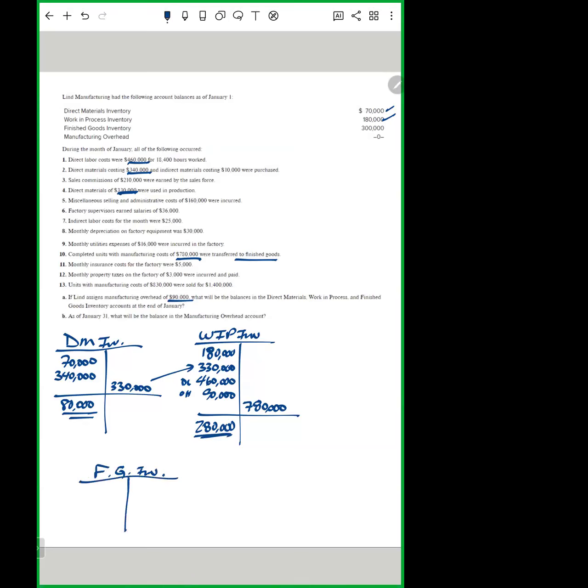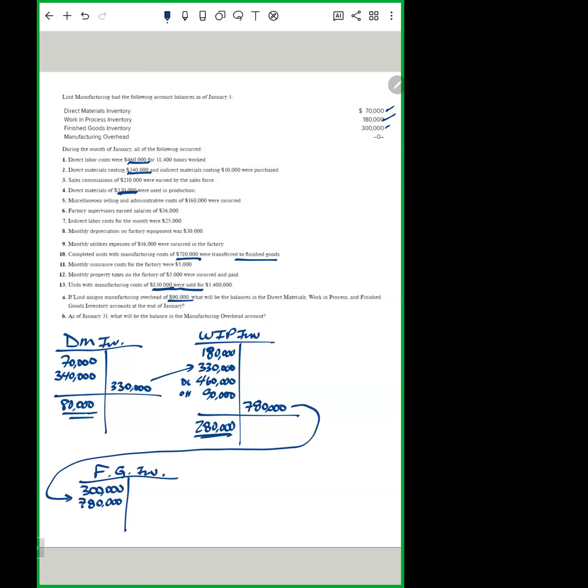So finished goods had an opening balance of 300. And then we transferred this 780. So I'm going to show that transferring of 780 into finished goods. And then the problem says units with a manufacturing cost of 830 were sold.